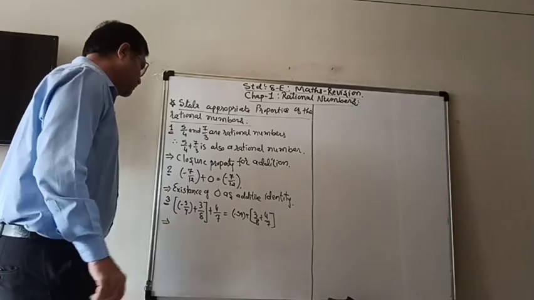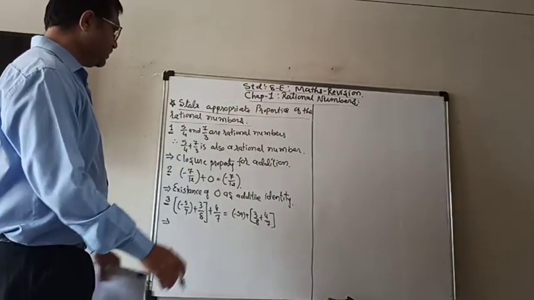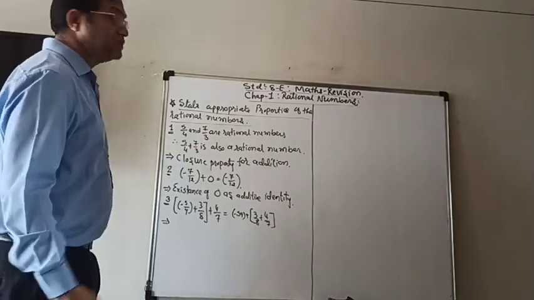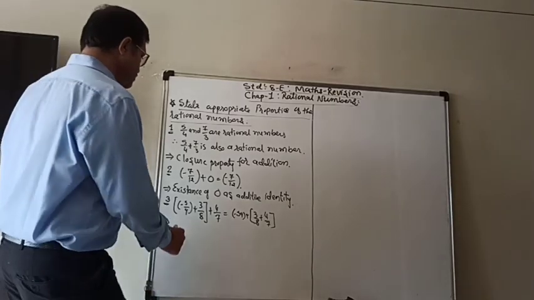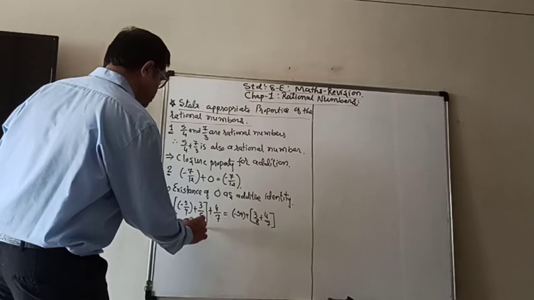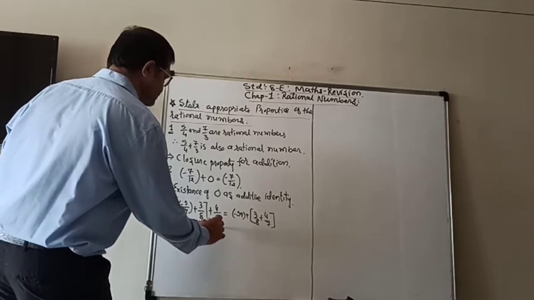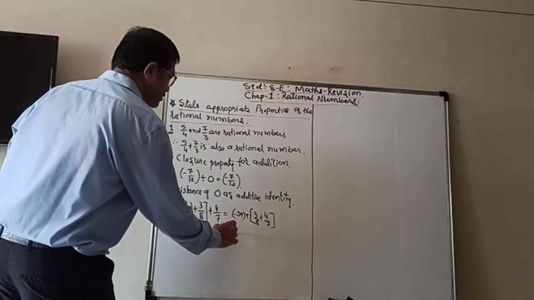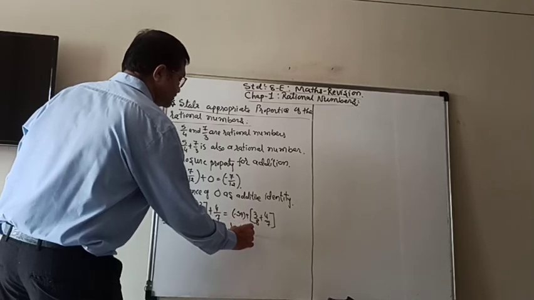Here you can see that grouping means associativity. So we can write down associative property for addition.